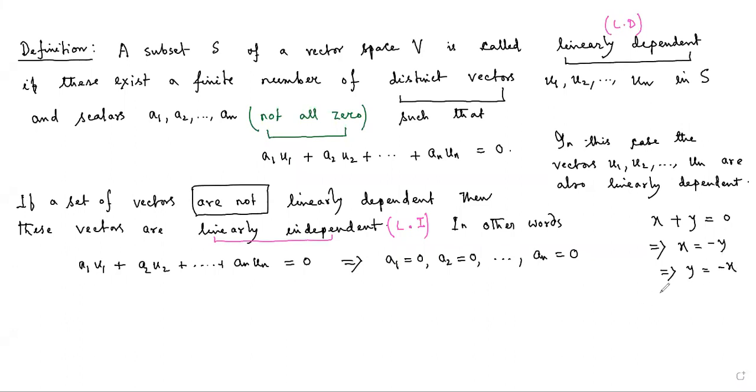So if I take the vector x and the vector minus x and add them together, we get the 0 vector.